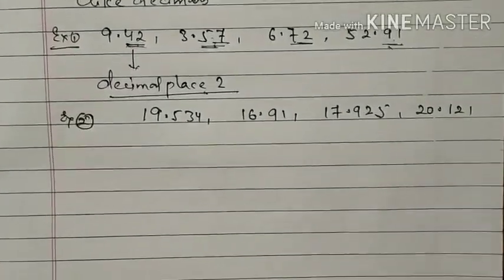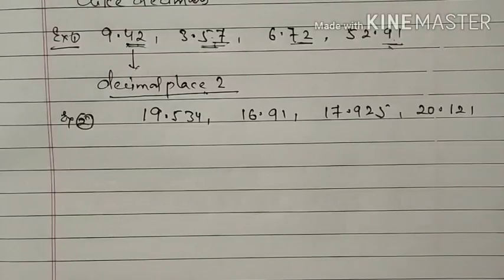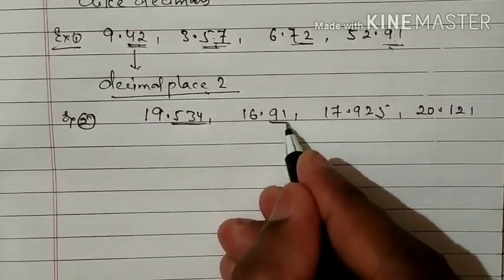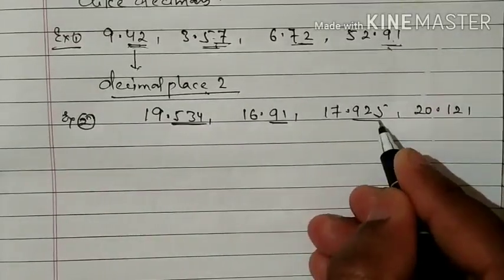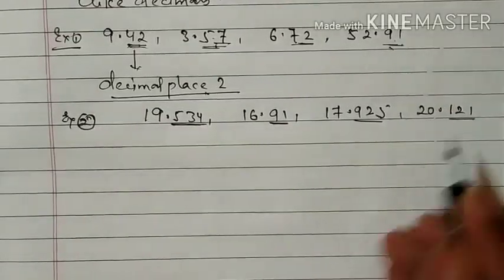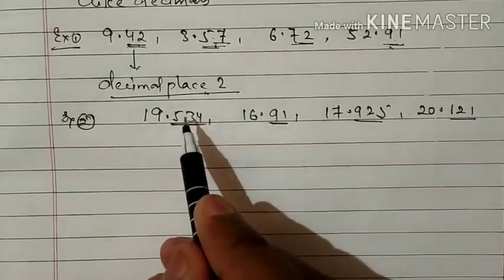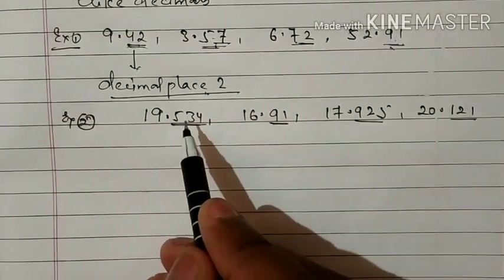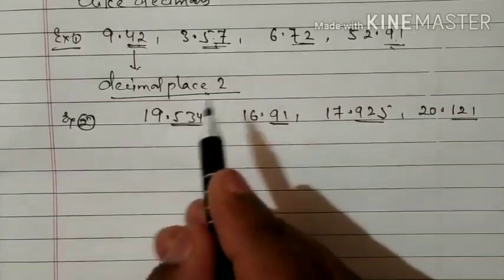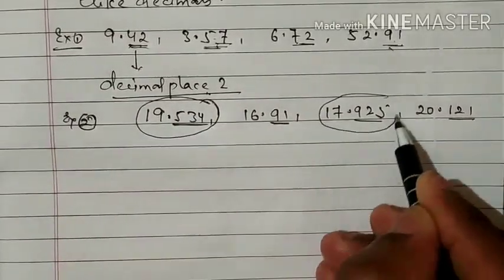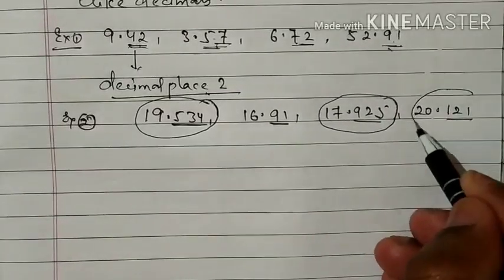In this particular example we can see that here we have 3 places of decimal, here we have 2 places of decimal, here 3 places of decimal, and here 3 places of decimal. So what will be like decimal? The decimals in which the decimal places are the same.